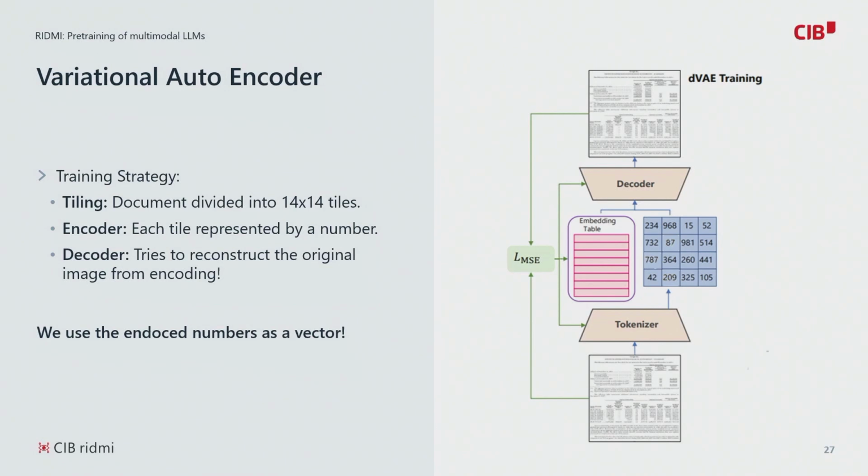And then there's another AI that again tries to reconstruct the original image of the document from these numbers that represent the patches, and is then punished or rewarded depending on how good it did the reconstruction. And this produces a very small abstracted version of the document that we can use as a feature.